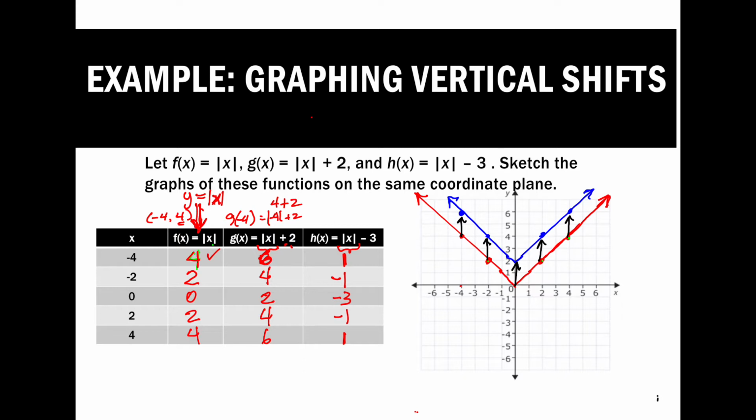So for going to the last one here, again, it's the same idea. We've got h, and then we're subtracting 3. So for every y outcome in my original column over here, I'm going to subtract 3 for each one. And so 0 minus 3 is negative 3, 2 minus 3 is negative 1, and then 4 minus 3 is 1 for each of those.